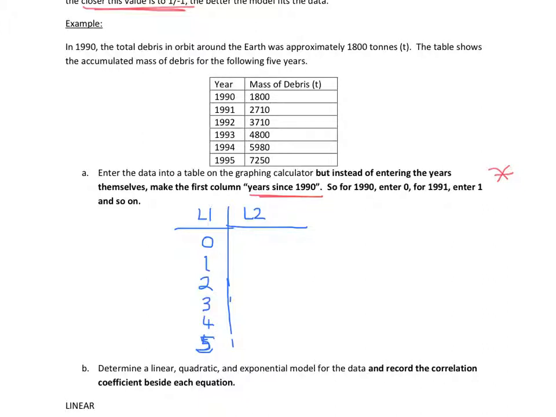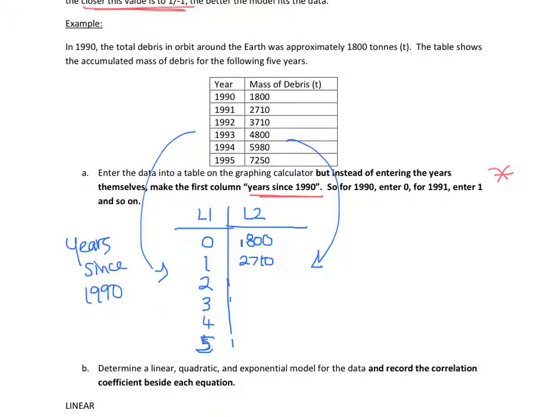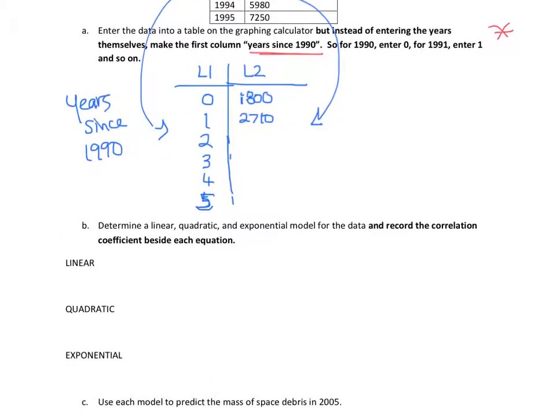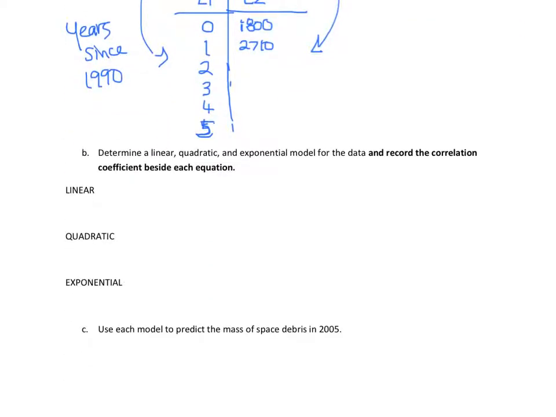So your y, or your list 2, will be your y values, and they'll be as written in the table, but you're just going to make some adjustments to your year column and make that years since 1990. Okay, and what you're going to do next then is you're going to determine a linear, a quadratic, and an exponential model for the data.